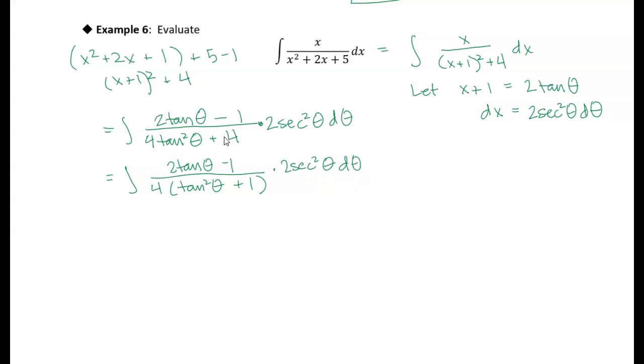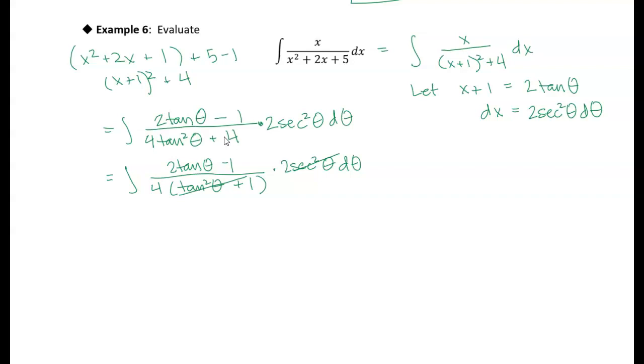All right, and I know that this tangent squared plus 1 becomes secant squared, right? So I could just cancel this straight out and not write another step.